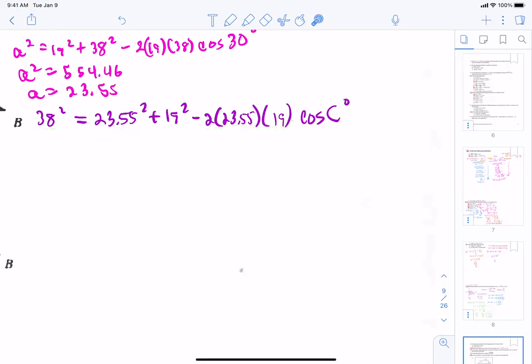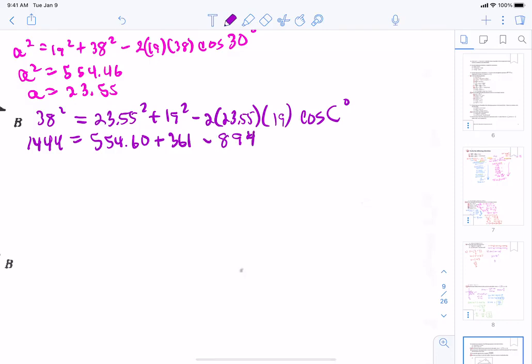Okay, so 38 squared, 1444. 23.55 squared, 554.60. 19 squared, 361. Now, I'm physically going to do this. 2 times 23.55 times 19. And I get 894.9.